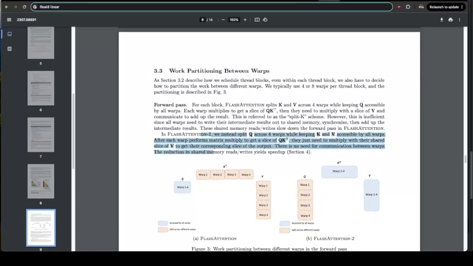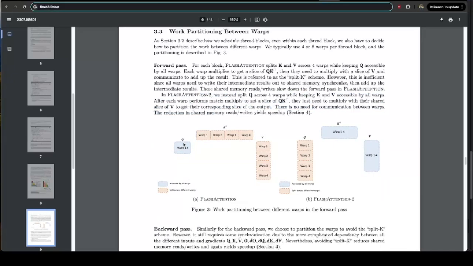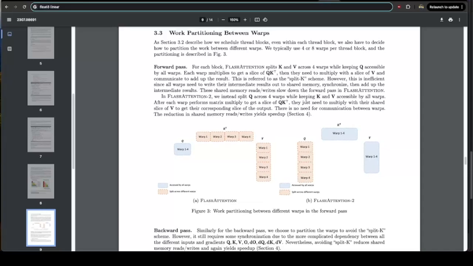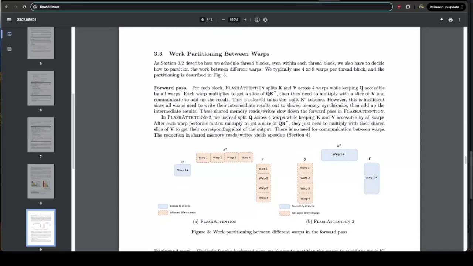Yeah, here. I feel like this is kind of important, right? So this is the different tiling? Yeah, so essentially I was trying to understand, it's basically making the assertion that in the old Flash Attention, you need to do actual synchronization to accumulate intermediate results in shared memory, by parallelizing over K and V instead of Q. So this warp will have this chunk, this chunk, this chunk, and we need all of them for our softmax output.